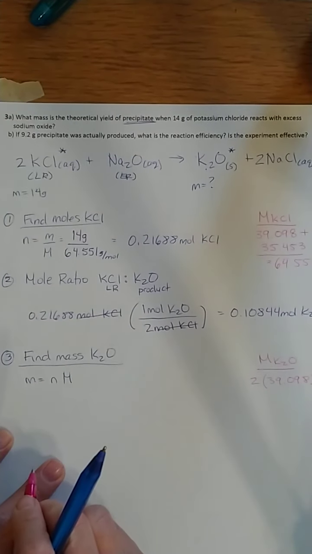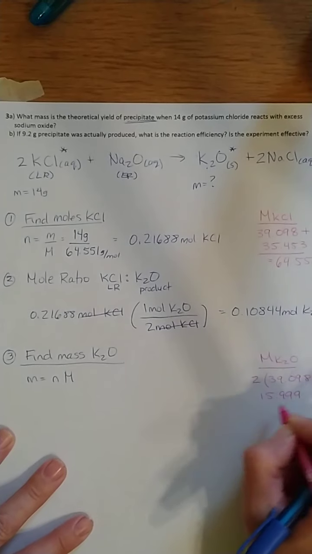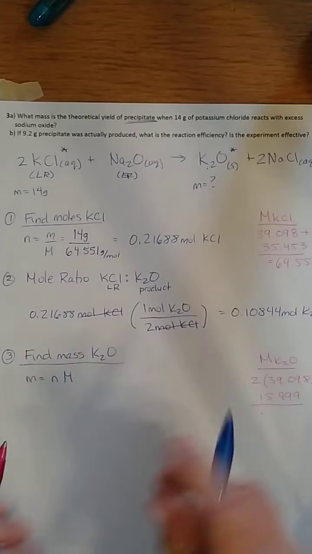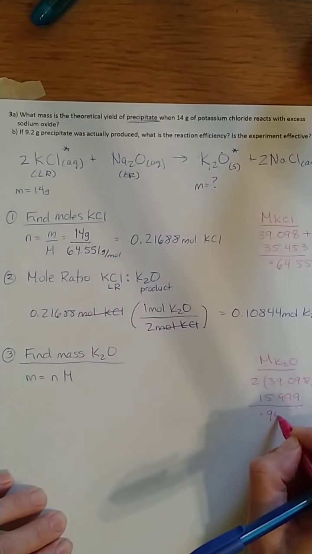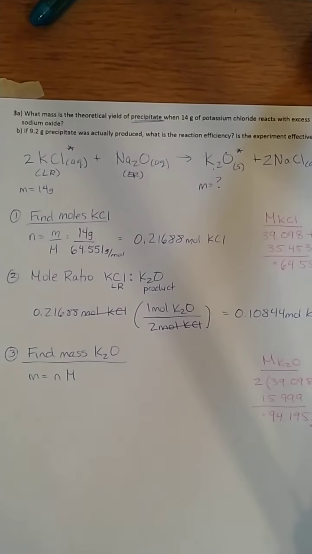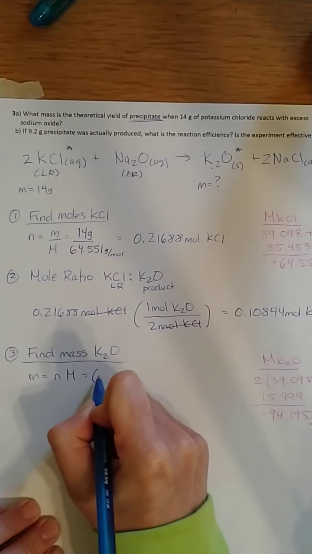There's 2 of them in the formula, and the molar mass of oxygen is 15.999. So you're going to calculate that, and that will give you your molar mass of K2O, which is 94.195 grams per mole.